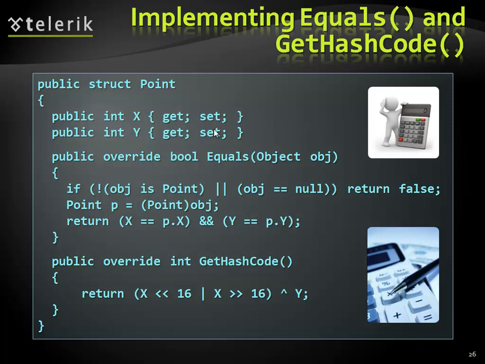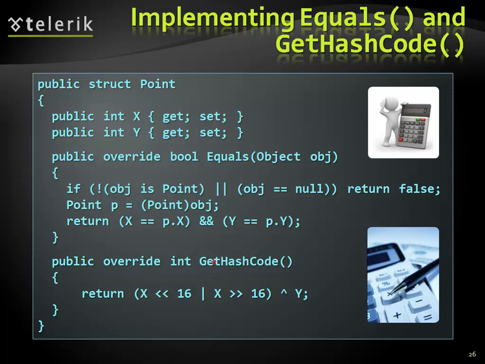Okay, so if you want to implement it for a dictionary, what do you do? Well, you say what equals means. What equals means is x of one point is the same as x of the other point, and y of the first point is the same as y of the second point.